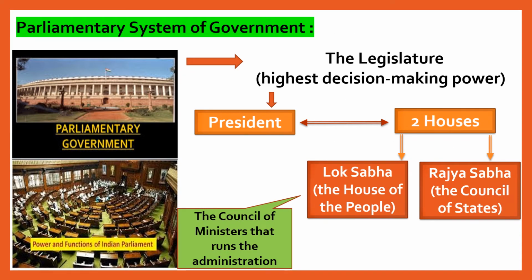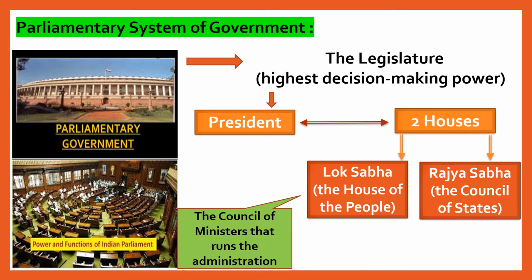The Indian Constitution has provided for a parliamentary system of government. In such a system, the parliament, that is, the legislature, has the highest decision-making power. The Indian Parliament includes the President, Lok Sabha or the House of the People, and Rajya Sabha or the Council of States.